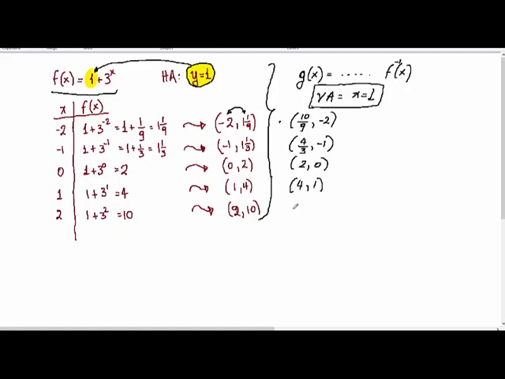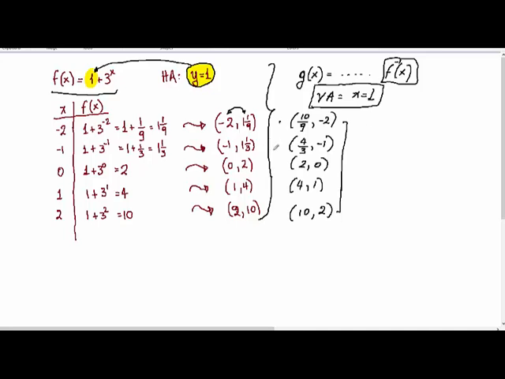And this will give me the point 10, 2. I just changed the y-coordinates to become the x-coordinates and the opposite. So now, if I connect these points, they will give me the curve that is nothing else than the inverse of the initial function.